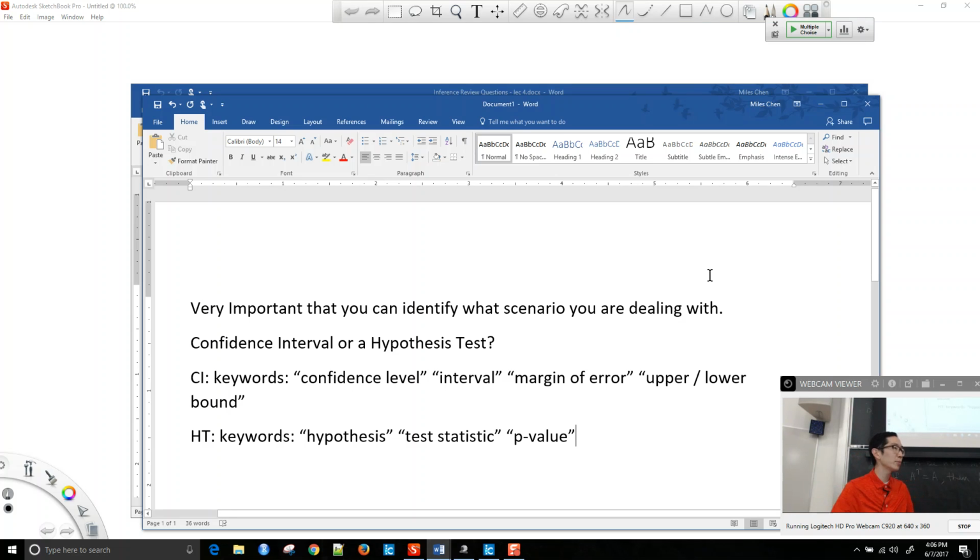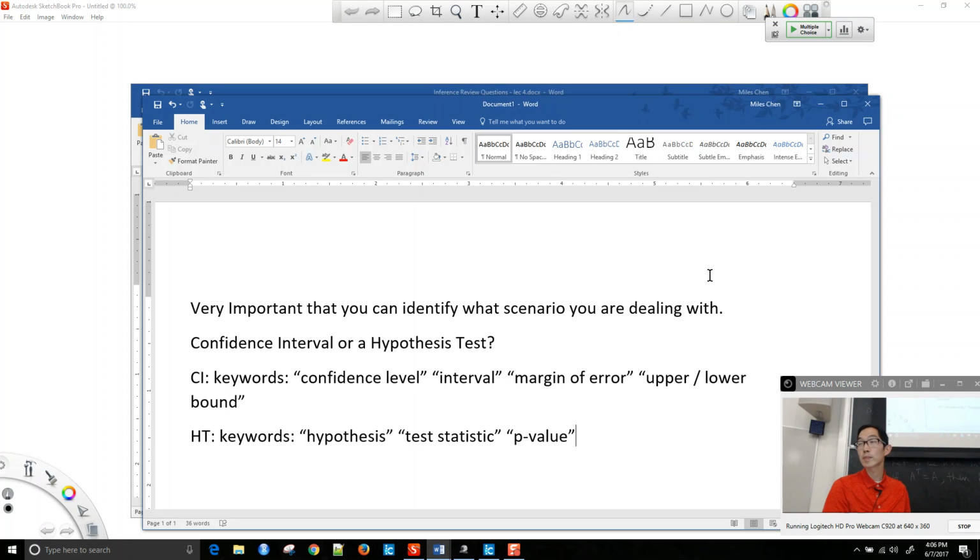Common to both would be things like standard error, or do we have evidence of whatever. Those questions apply to both confidence intervals and hypothesis tests, so those are not words that we would use to distinguish between one set of questions or another. But if you see questions about a hypothesis, a test statistic, or a p-value, that's a clear indicator that the problem you're dealing with is a hypothesis test.